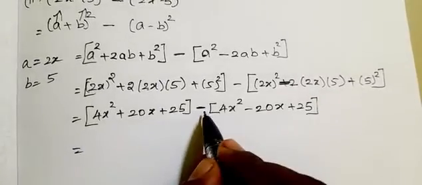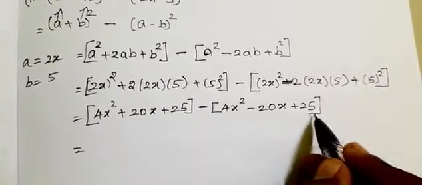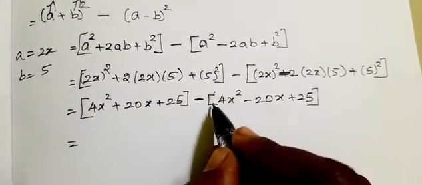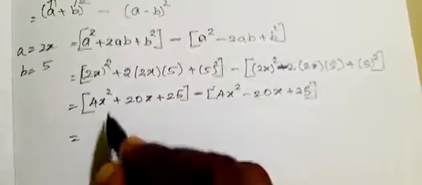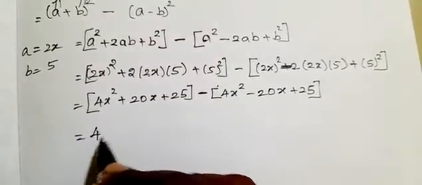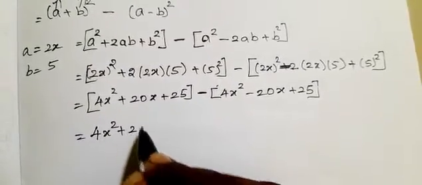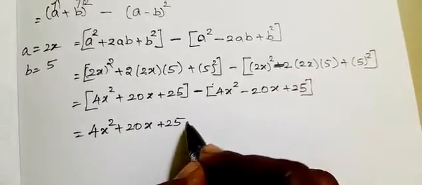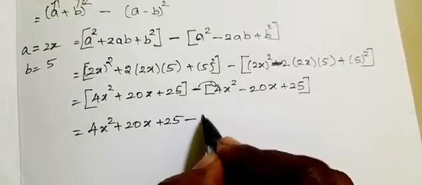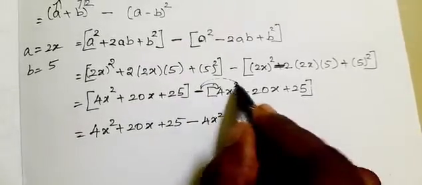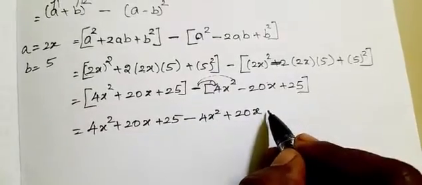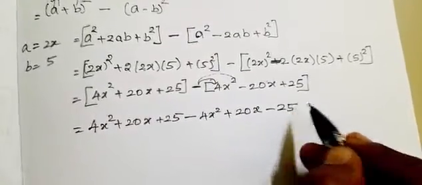Here there is a bracket, and the minus is common for all the terms within the bracket. So when I remove the bracket, all the signs will turn into opposites. Let us write the first term as it is. Now I am going to remove the bracket, so it becomes −4x², minus into minus is +20x, minus into plus is −25.